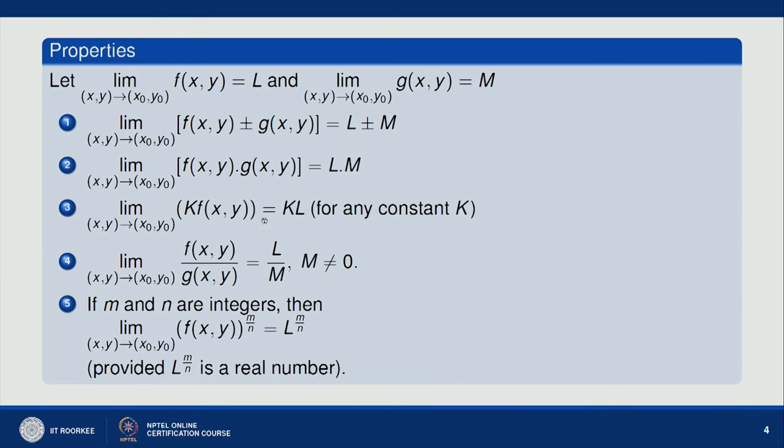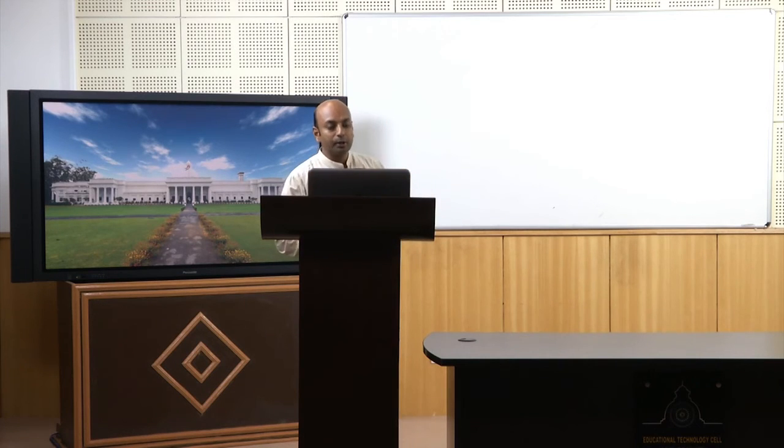Scalar multiplication will be k into L, and division f upon g will simply be L upon M, where M should not equal 0, and similarly we have the next property. These are very straightforward. Now, come to problems based on the delta epsilon definition.